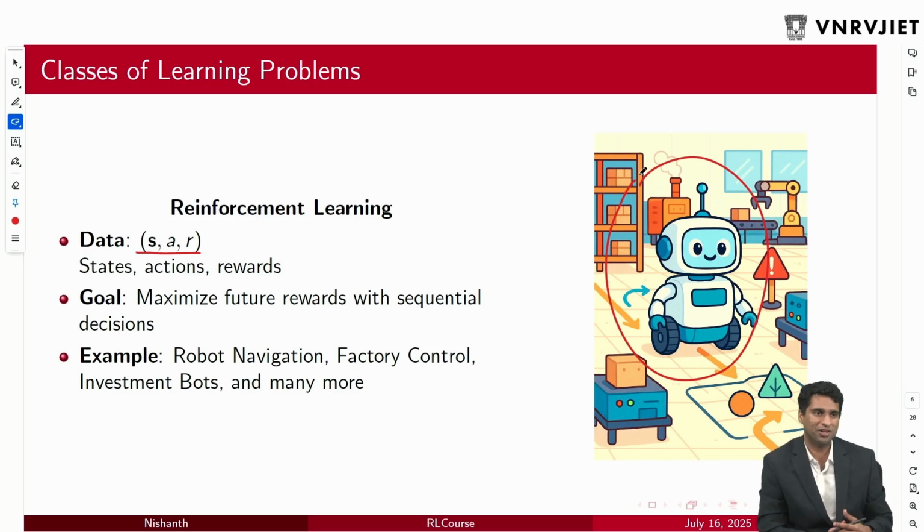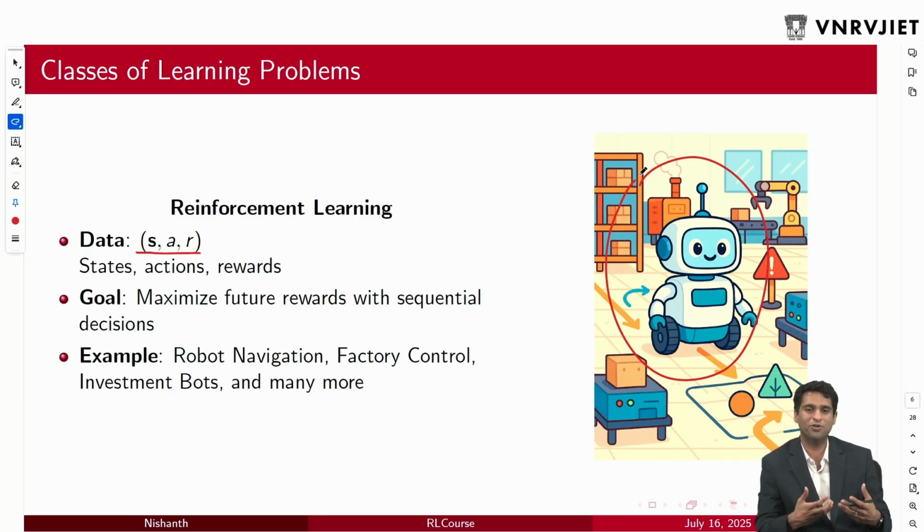For example, we could have a cleaning robot which is present in a household setting, and the robot can move around and clean the floor and interact with the environment. So the state for the agent could be where the robot is currently in the room. The action could be where the robot is headed, whether it's going straight, whether it's turning left, whether it's turning right, and so on.